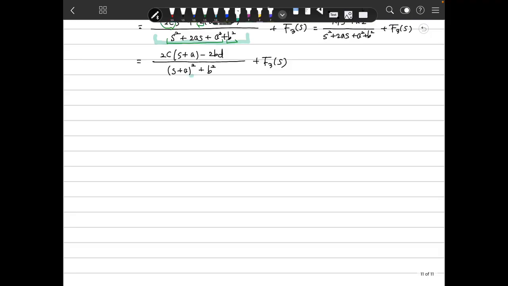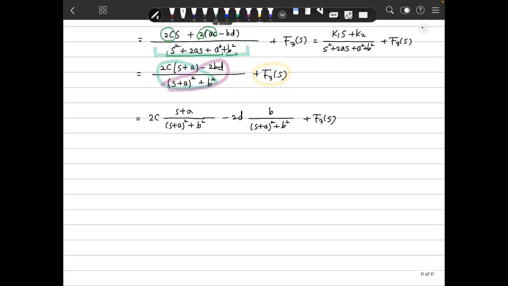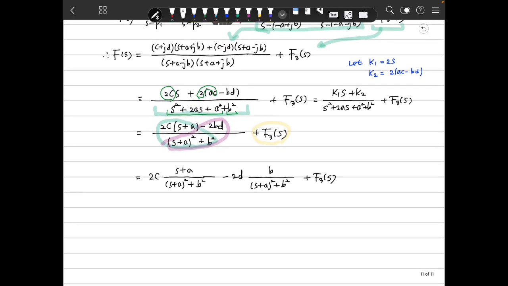Then we make it 1, 2 and 3. So we rewrite this as 2C times S plus A over S plus A squared plus B squared, minus 2D times B over S plus A squared plus B squared, plus F3S. Okay, this is Fs.